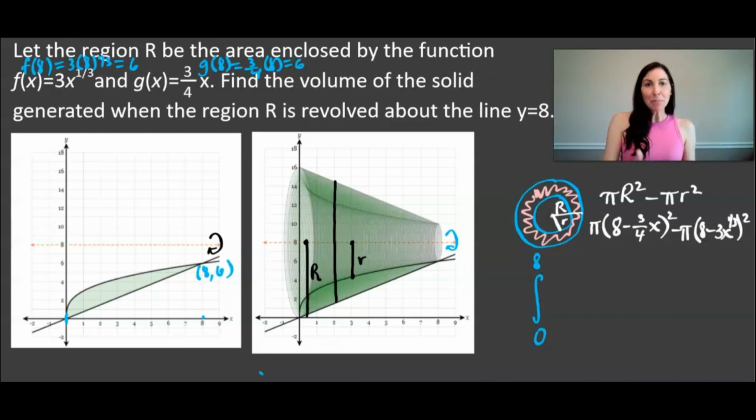And so now we need to put that into the integral. Notice both of these have a pi, so I'm going to factor that pi out and put it in front of the integral. And then I would just put whatever's left, which happens to be the capital R squared minus lowercase r squared, and I'll go ahead and enter that in here now.